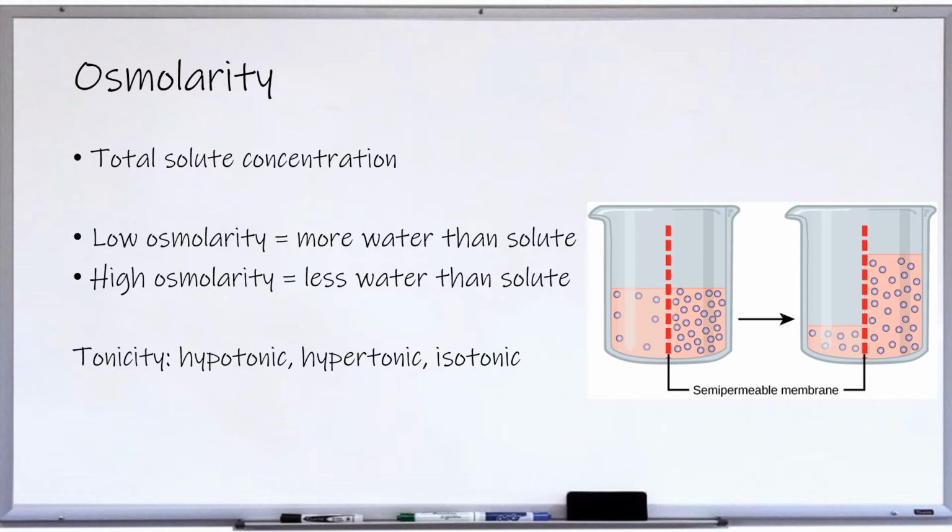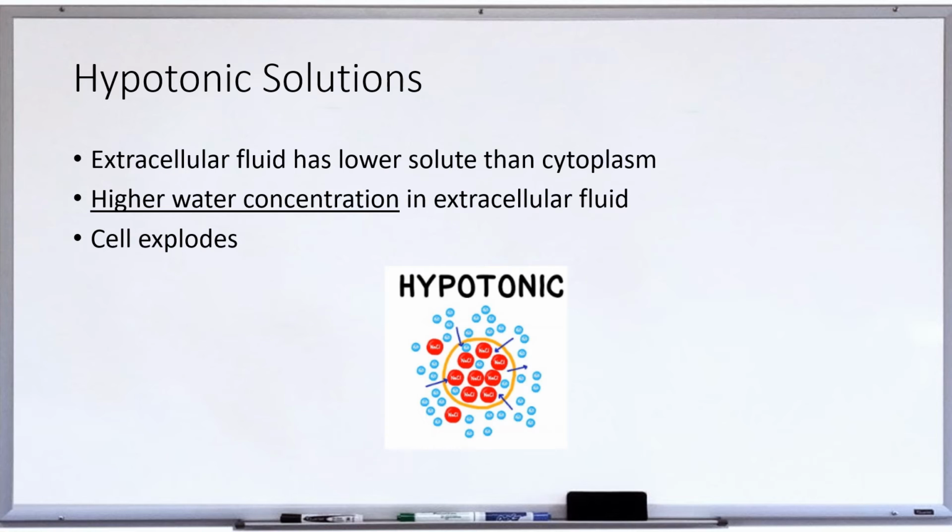There are three types of tonicity. A solution can either be hypotonic, hypertonic, or isotonic. What does this mean? In a hypotonic solution, the extracellular fluid has lower osmolarity than the fluid inside the cell.